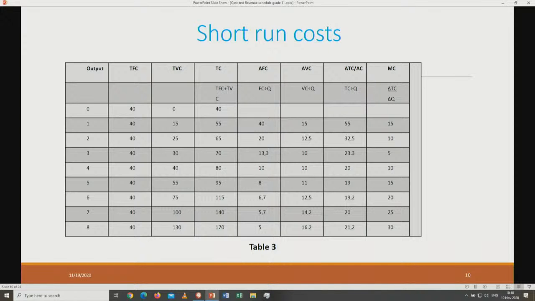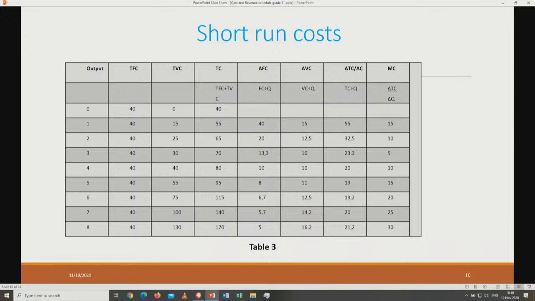And then lastly, on the right is our marginal cost. We haven't spoken about marginal cost, but I remember us defining it earlier in our presentation. We said marginal cost is the extra cost that the business incurs for producing one extra unit. Right. So this is the formula that we use to calculate the marginal cost.